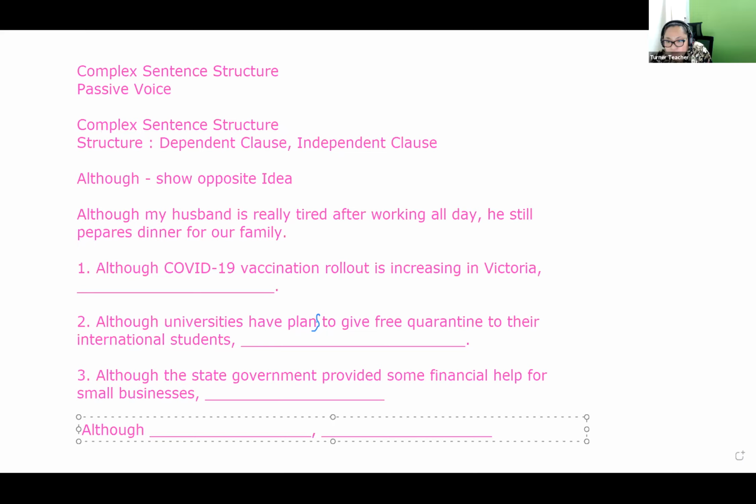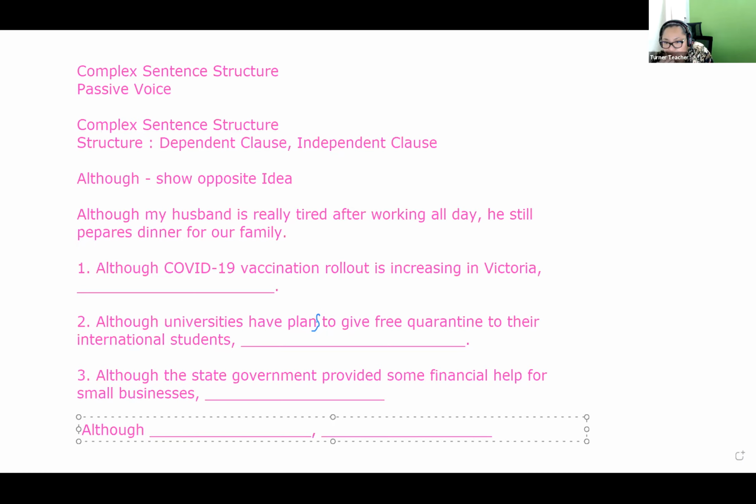Although Apple tried to fix a number of flaws, a minority of hackers are still able to breach the gaps in programming. Correct. Although universities have plans, the government has not made decisions about overseas students. Correct. Although universities... still some students are not happy with that. Okay, so some students are still not happy with that. Rashmika, can we arrange that, please?